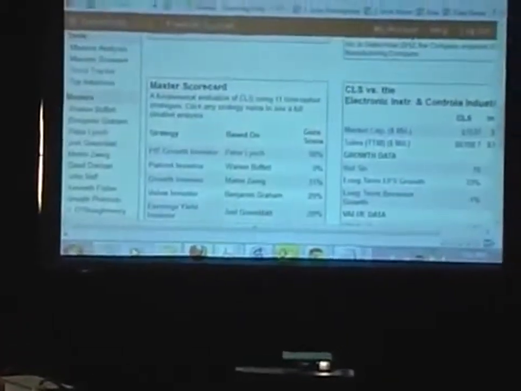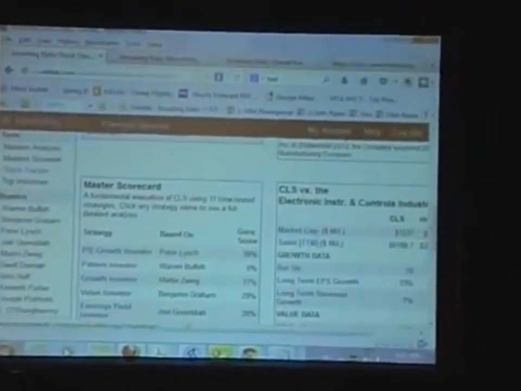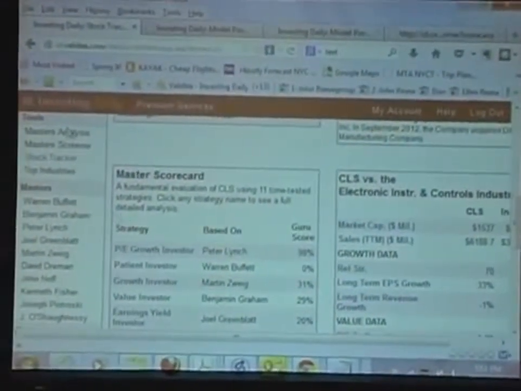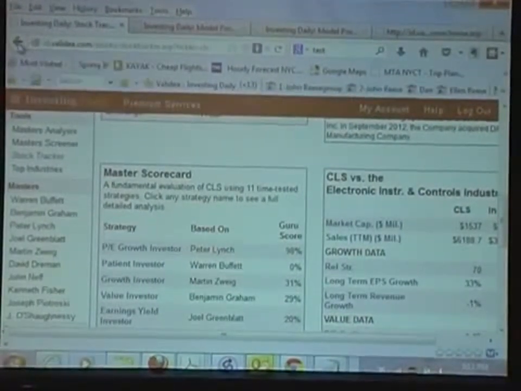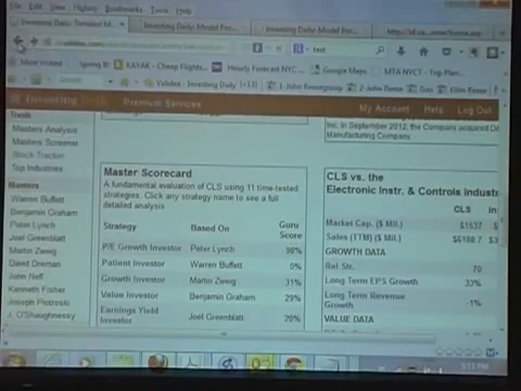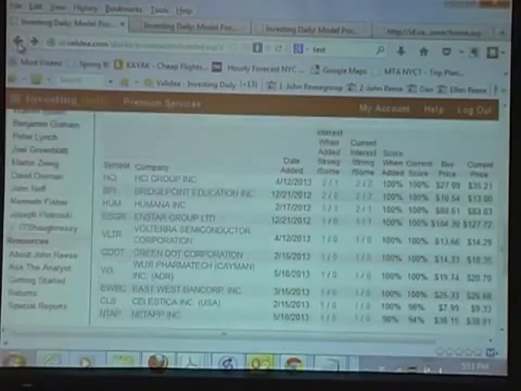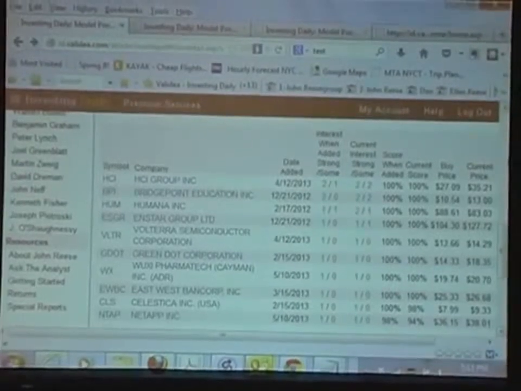This is the new Masters of Wall Street site from Investing Daily. And here would be a list.